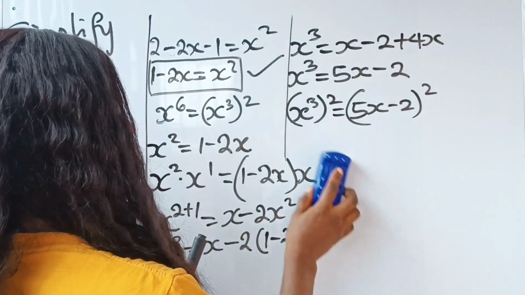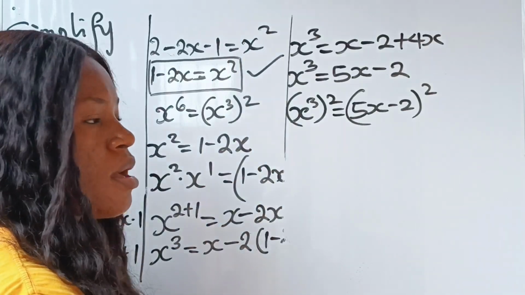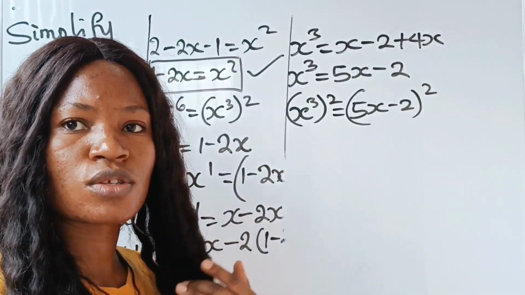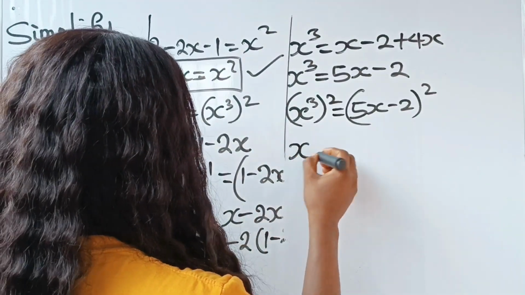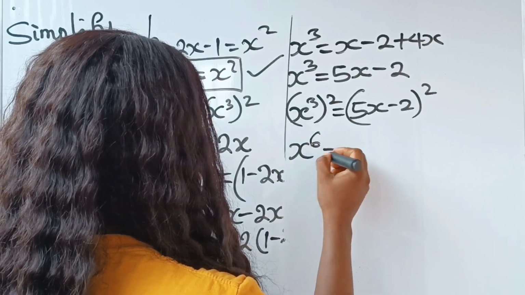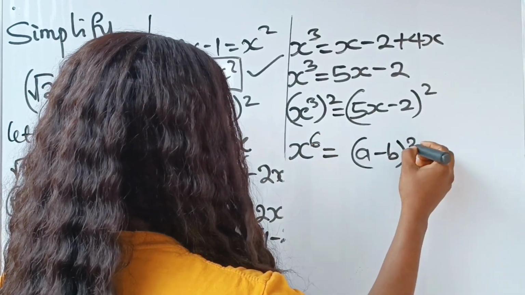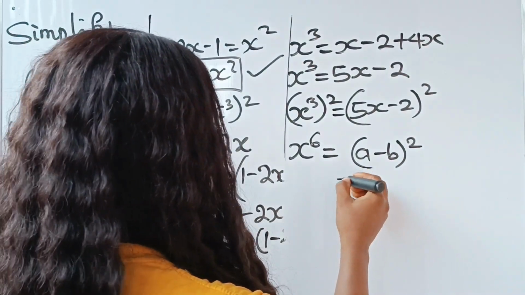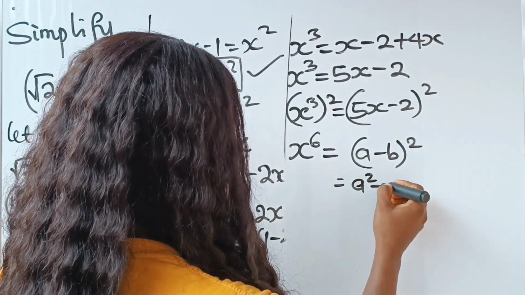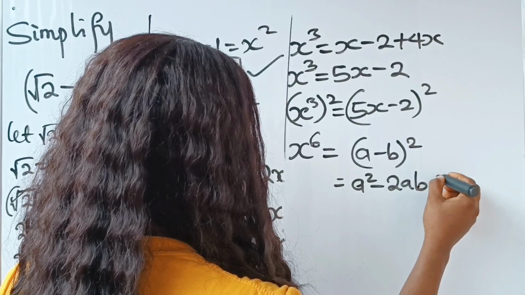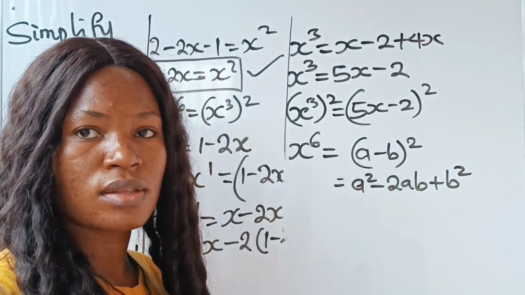Now when you have a minus b squared, this is what you will have. So we have x to the power of 3 times 2 is 6 is equal to, now when you have a minus b raised to the power of 2, this is equal to a squared minus 2ab plus b squared.